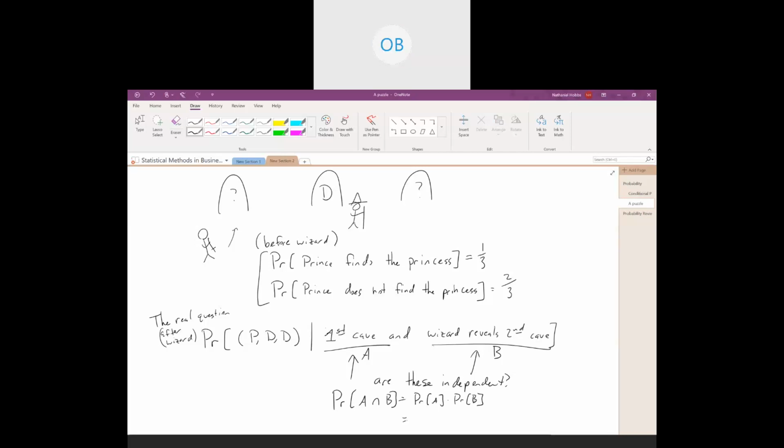What's the probability that the knight chooses the first cave? 1/3? Yep, 1/3.